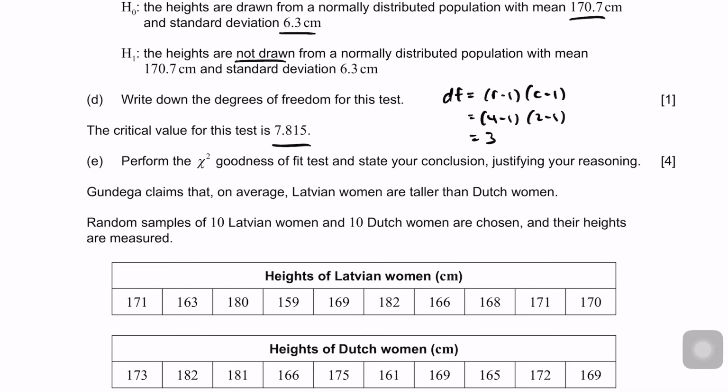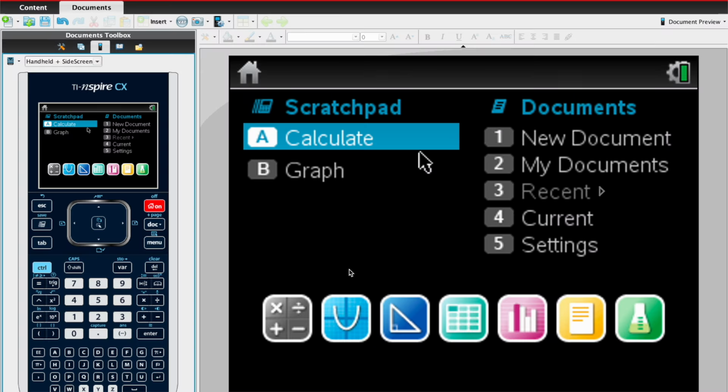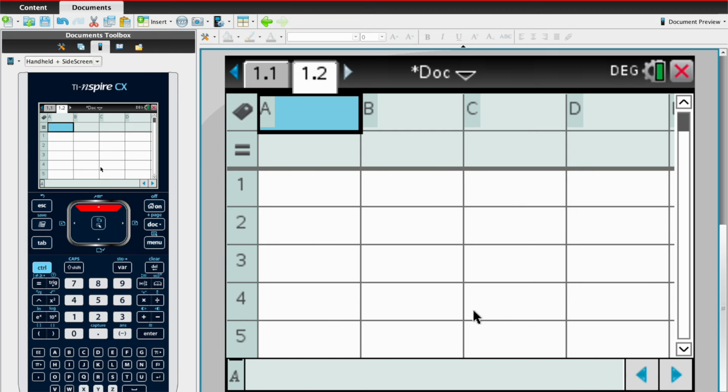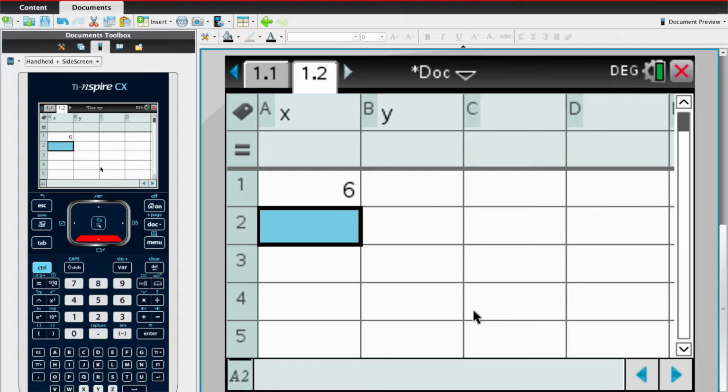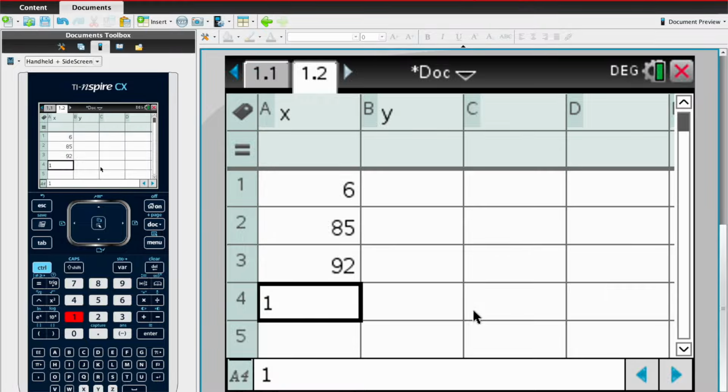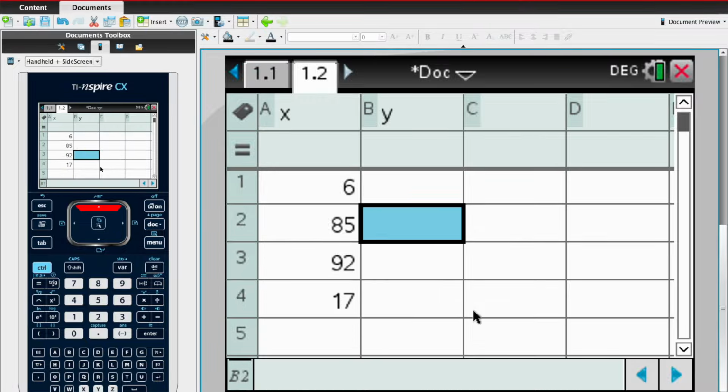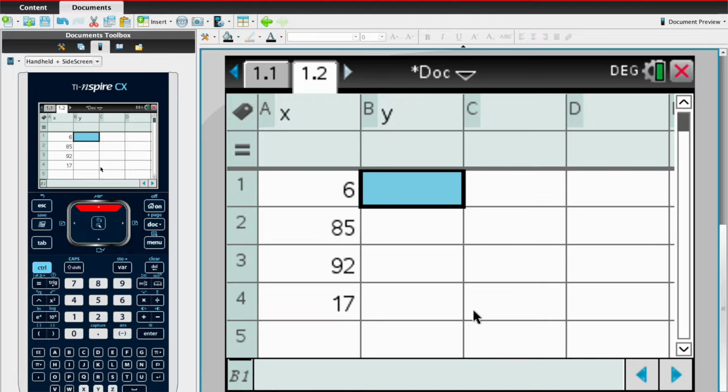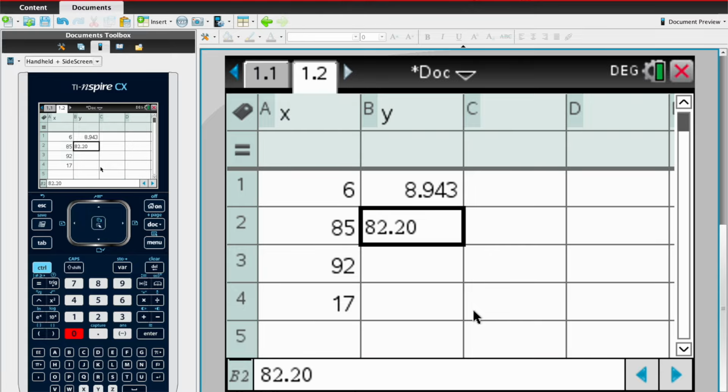So let's go back to the calculator. Go into spreadsheets. We can write x and y, or we can write observed and expected. I'm going to go ahead and plug in the observed here, which was 6, 85, 92, and 17. And this is the expected: 9.43, 82.20.